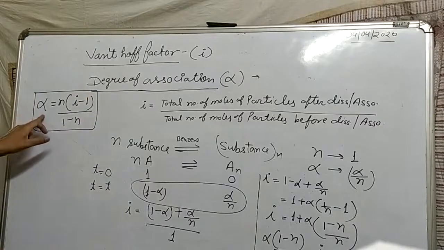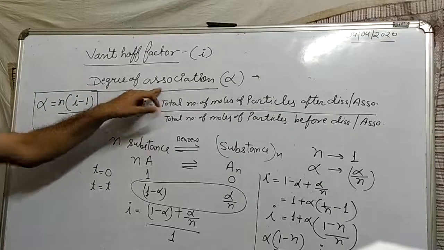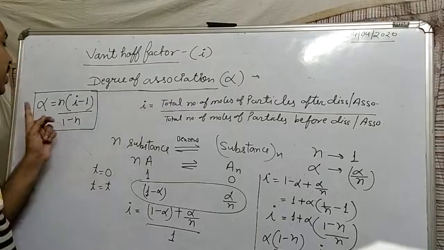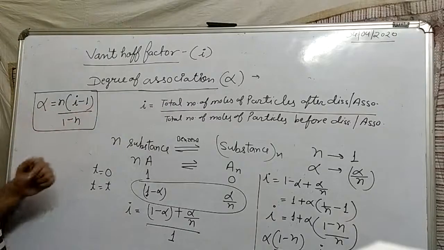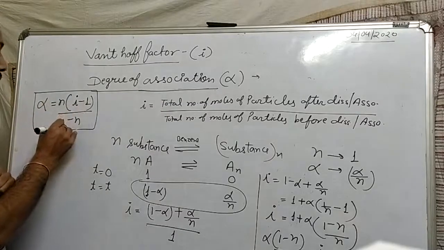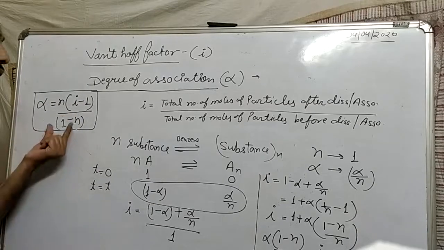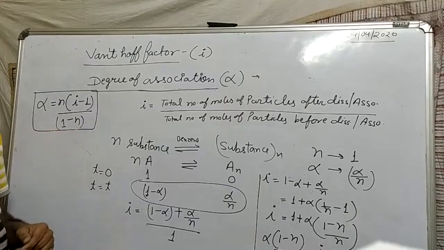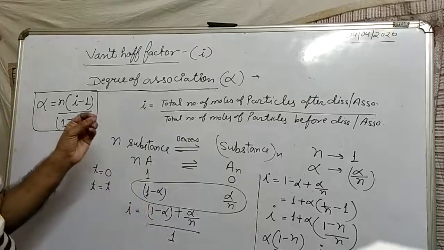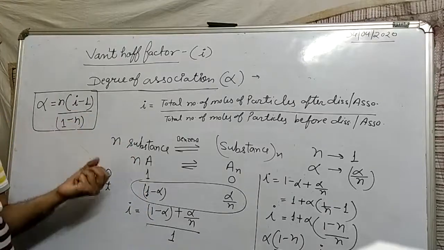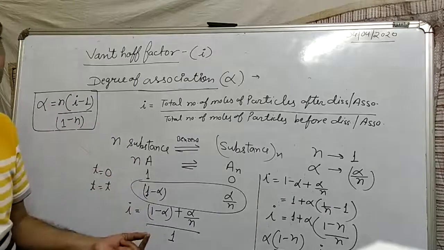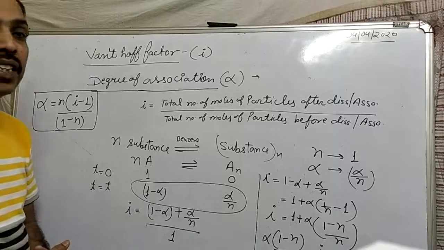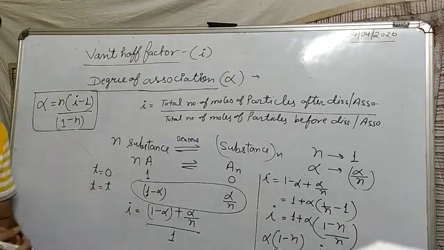So this alpha means degree of association. So you use the degree of association formula n (i minus 1) upon (1 minus n) for the solution in which ionic substance is used, which is dissociated or associated in the solution. Okay, thank you.